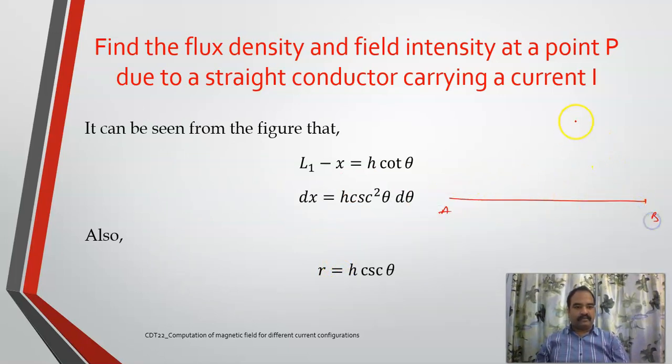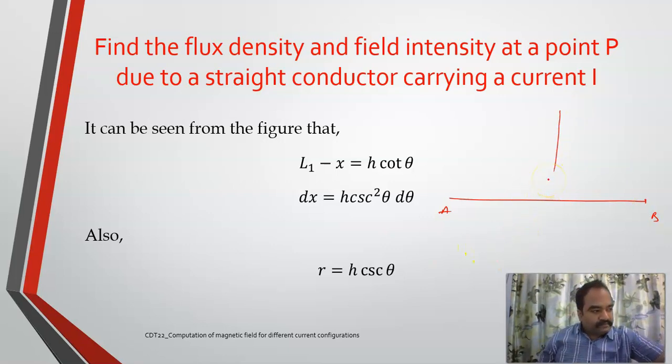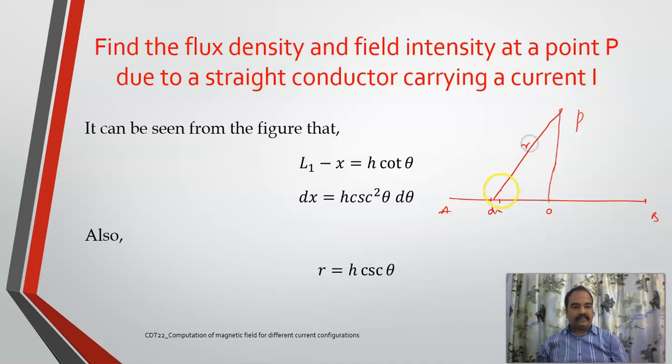This is my O point, this is my B point, this is my small length dx, this is my r, this was my theta. The entire length was L, this length was L1, this length was x, so this length was L1 minus x.